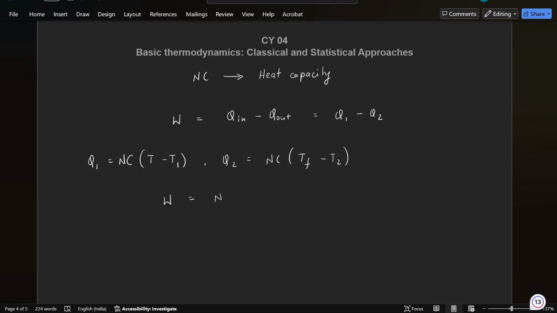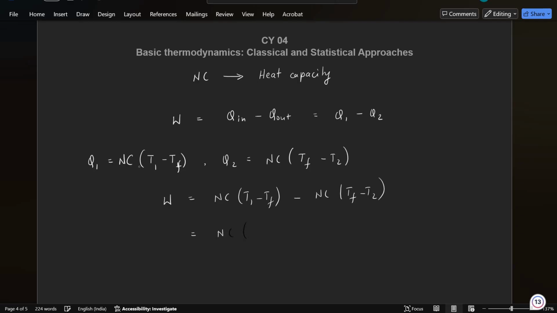Sorry, it has to be the heat inlet, right? So it is to be like this. So this is NC T1 minus TF minus Q2, which is again NC TF minus T2. So what is it going to be?